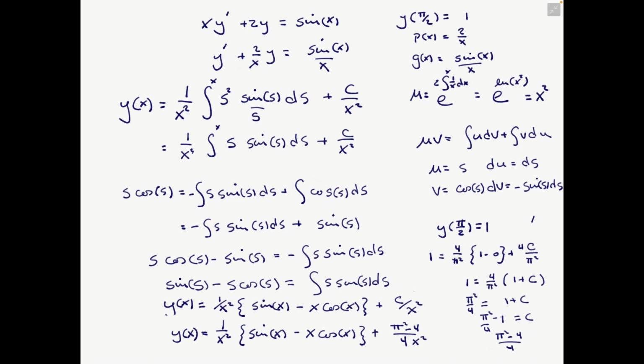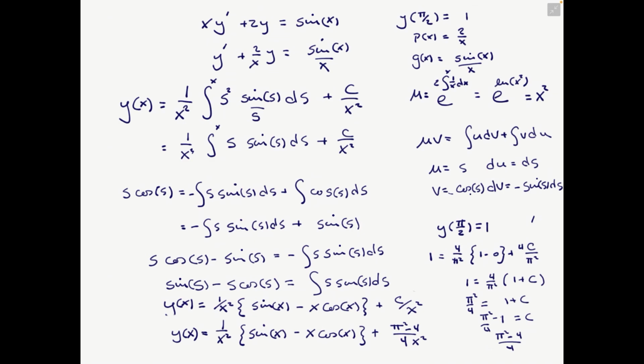What if I integrated wrong? All right. So we did UV. Okay, UV is, we chose V to be that, so the derivative of cosine of S is minus sine of S ds.